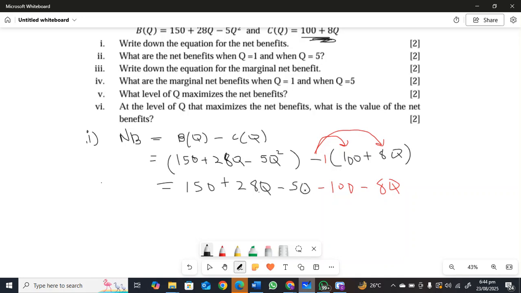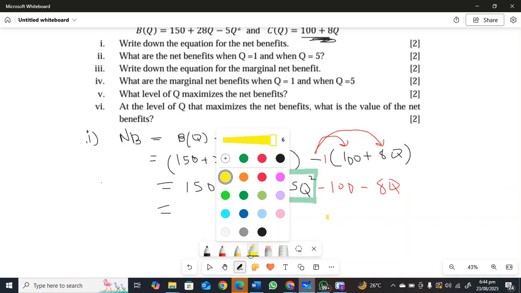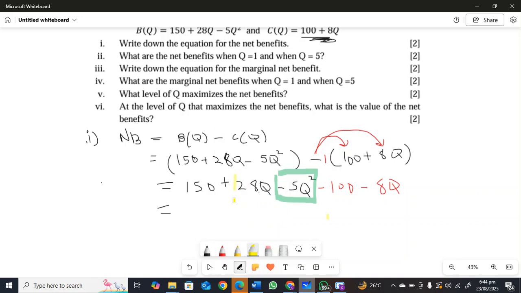Then the next thing we need to do is group like terms together. Here, negative 5Q squared hasn't got a like term. Then 28Q and negative 8Q are like terms.